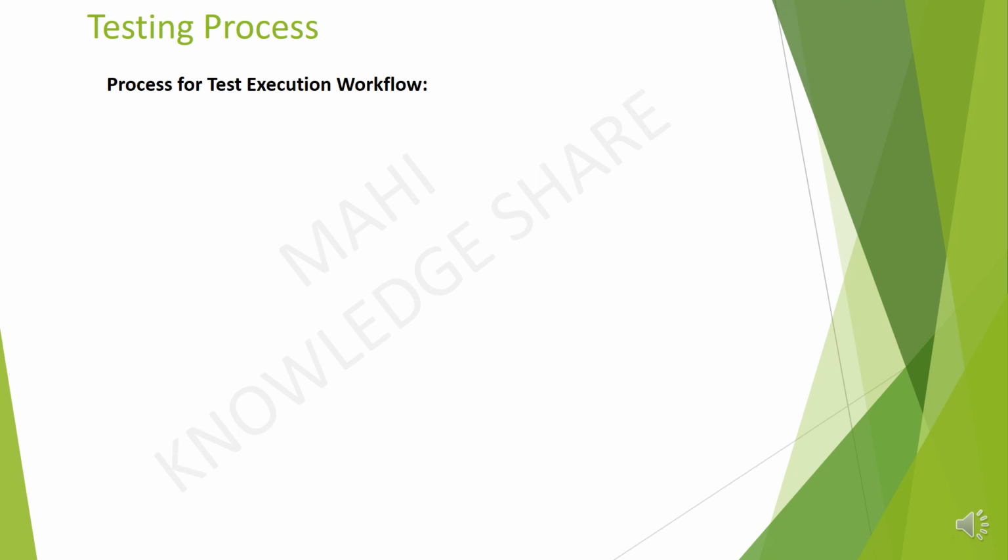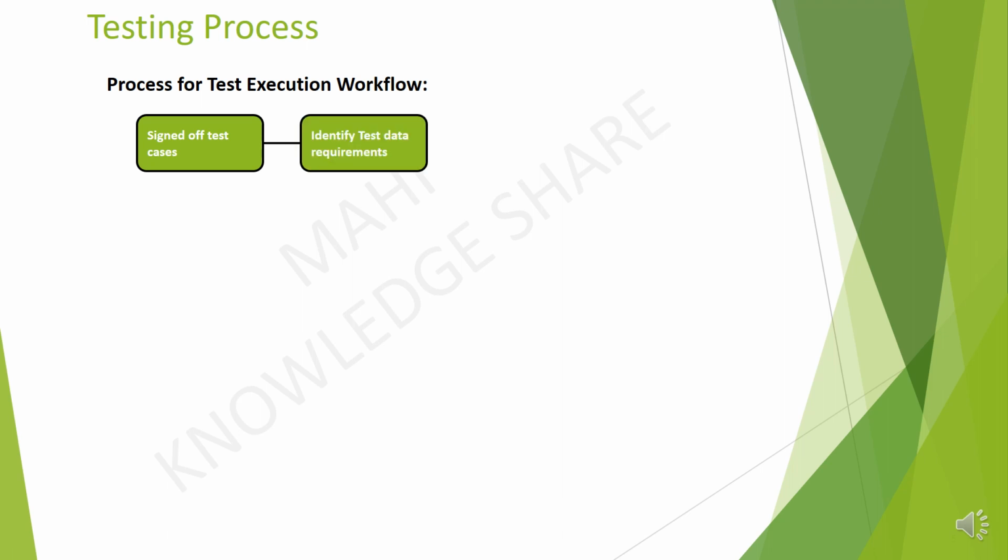Next question. Process for test execution workflow. It starts with signed off test cases from the client. Then identify test data requirements. Prepare test data or receive test data from the client.